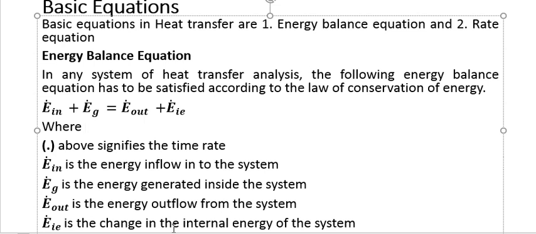E out is the energy outflow, plus the change in internal energy, E st. So inlet energy plus generated energy is equal to outlet energy plus internal energy of the system. If this is the condition, there will be energy balance and the law of conservation of energy is satisfied.